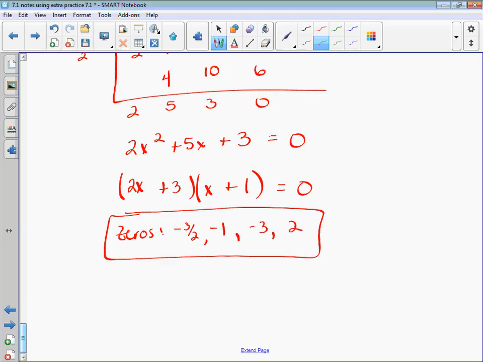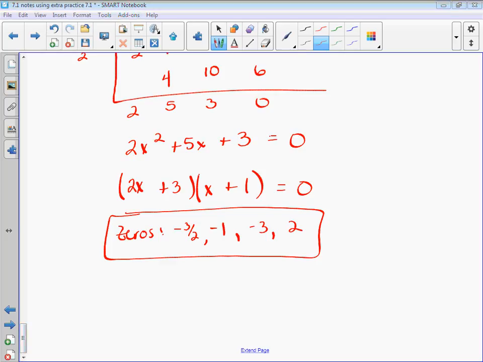This would be a terrible one to complete this method. So you divided it by -3, you divided that by 2, it doesn't matter. If you had started with the 2 and then the -3, you still would have gotten to the 2x squared plus 5x plus 3. It's multiplication, you can do 3 times 2, 2 times 3, it doesn't matter. So, yep, you're good. Okay, guys, we're getting close.